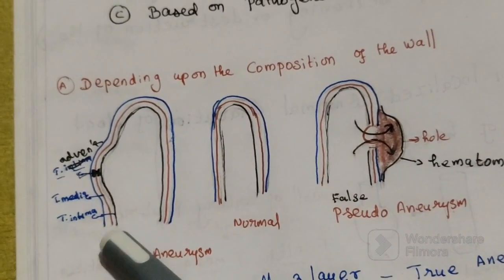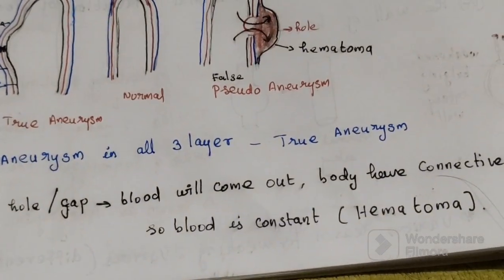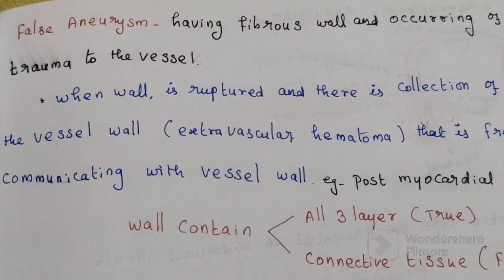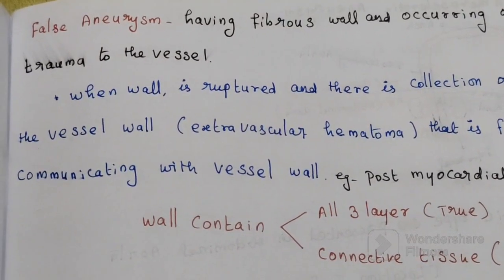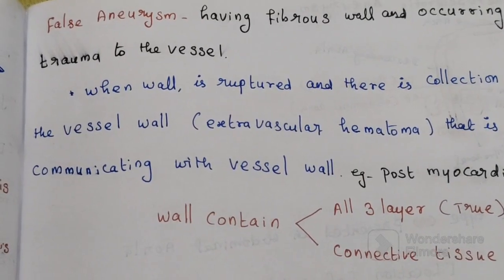So false aneurysm means here connective tissue. False or pseudo aneurysm is a hematoma, not an aneurysm, having hematoma in a fibrous wall.